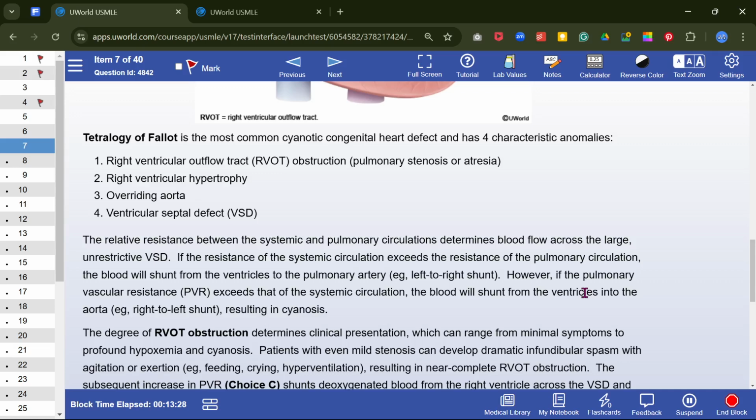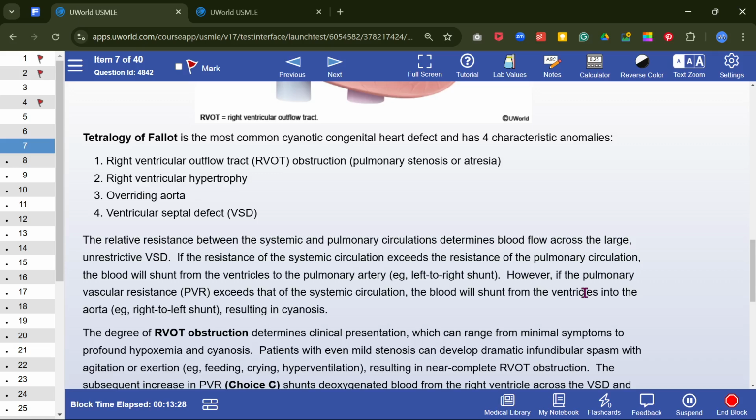If the resistance of the systemic circulation exceeds the resistance of the pulmonary circulation, the blood will shunt from the ventricle to the pulmonary artery, a left to right shunt.